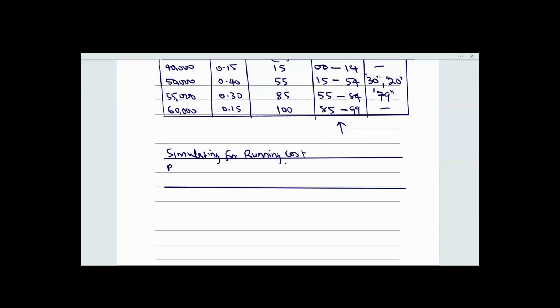So we have the running costs, probability, cumulative of probability in percentage, then random allocation, then random number as given.